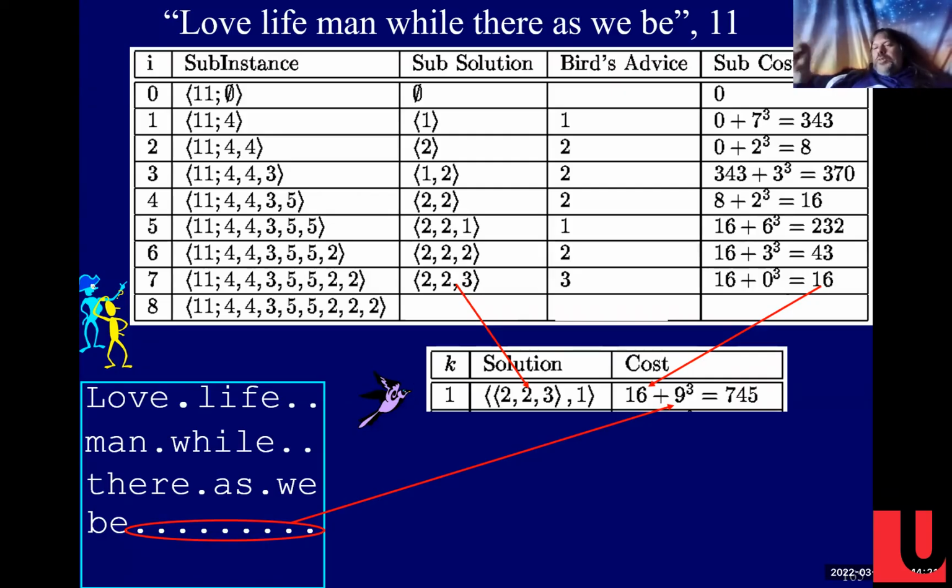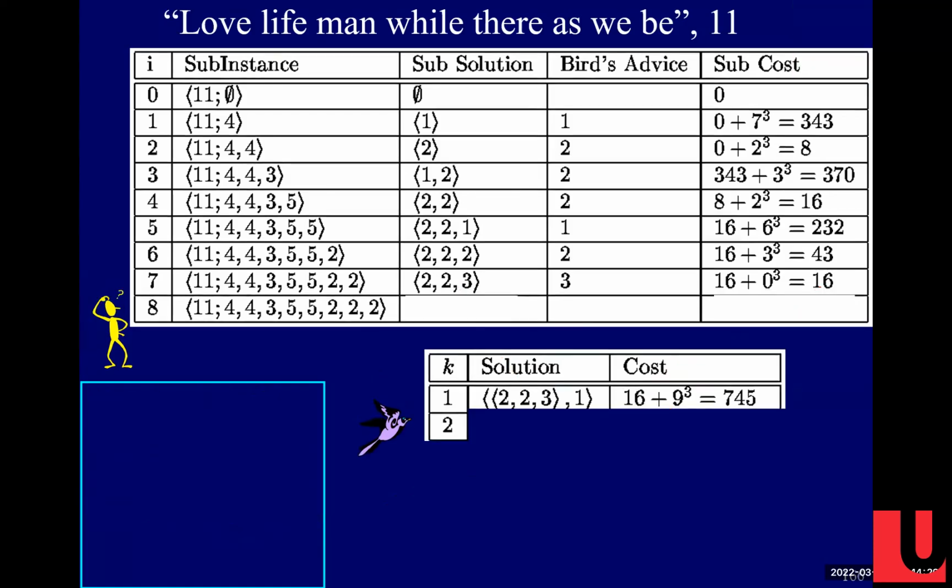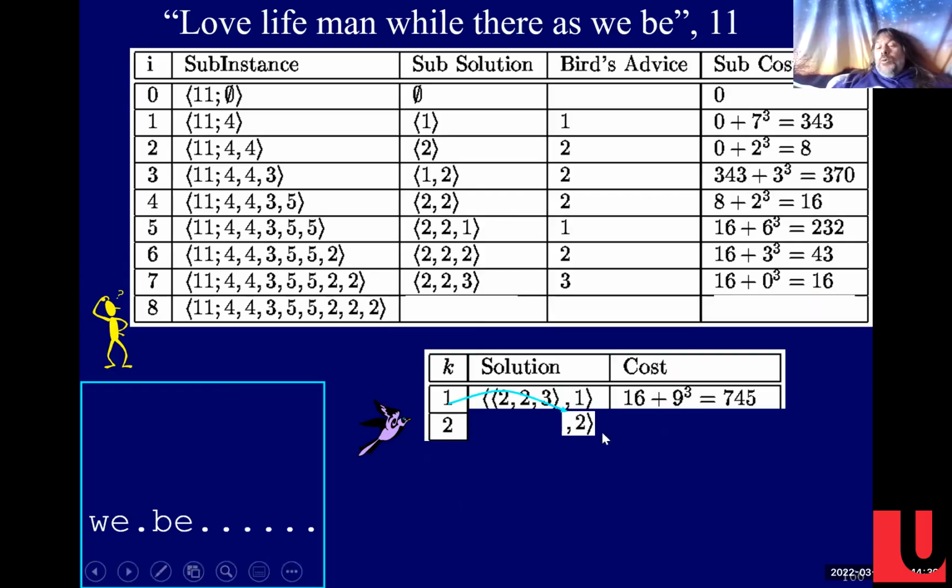Our bird told us to put one word on the last line, and we trusted the bird. Oh, okay, thank you. So you're absolutely right. Now the bird's going to tell us to put 2 words on the last line. So if she says put 2 words on the last line, then we know we're going to put 2 words on the last line, and as you said, those will be we be.